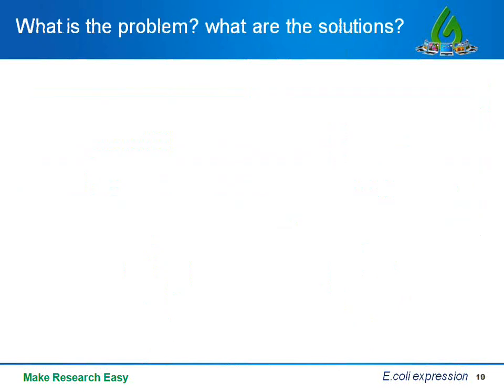So what's the problem and what are the solutions? Let's recap the possibilities in an E. coli expression project. So here are two of the most likely scenarios you encounter when expressing your target protein in E. coli. #1, which is the most favorable outcome, would be that you're able to overexpress your protein in a soluble fashion in the bacterial cytoplasm.